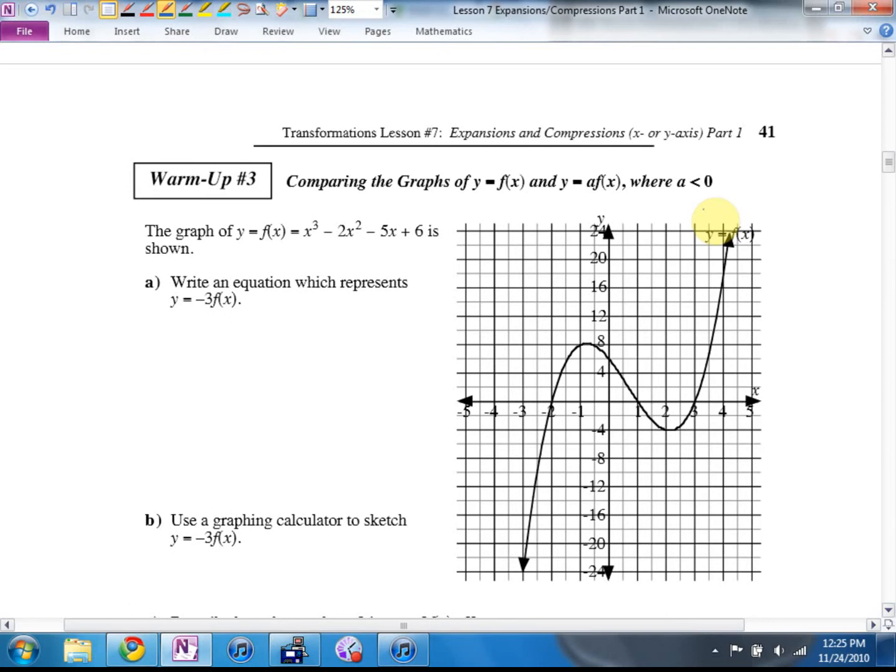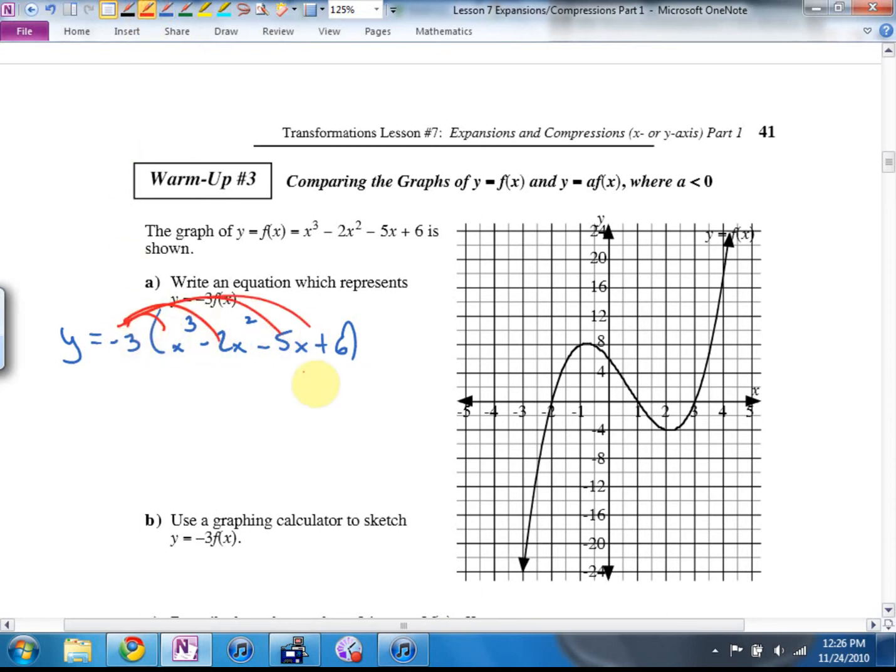So it says, write an equation which represents y equals negative 3f of x. Well, that would look like this. y equals negative 3x cubed minus 2x squared minus 5x plus 6. And then, yes, Luke, I would probably go like this and get rid of the brackets.